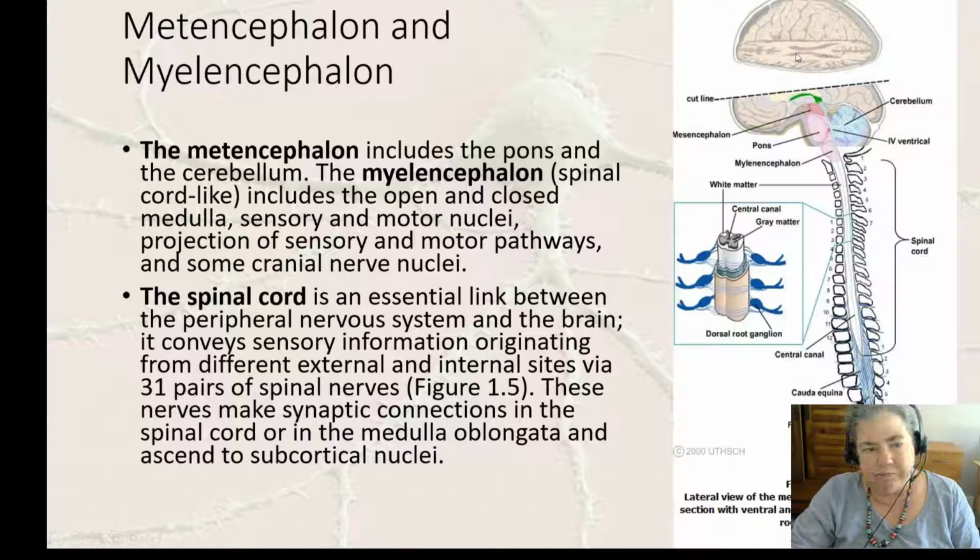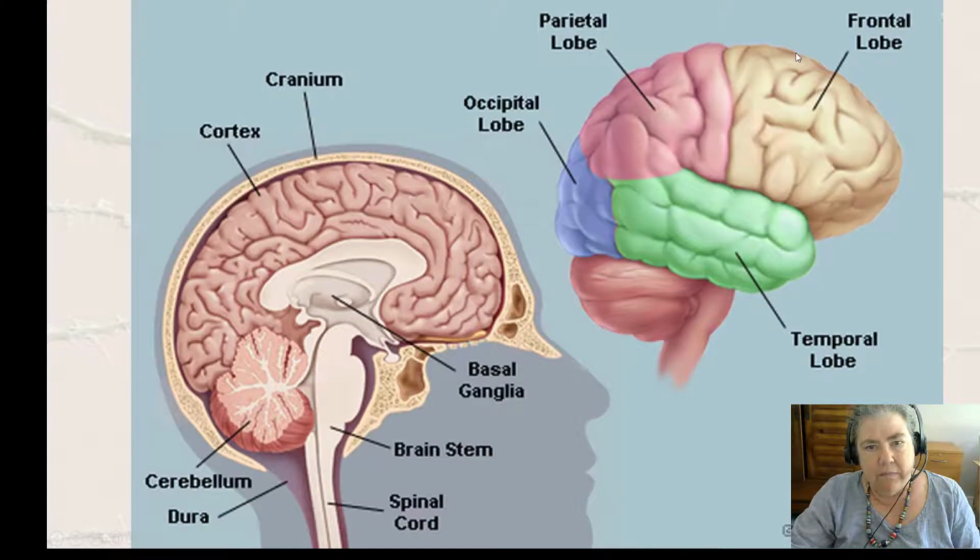Coming back to those lobes just to help us remember them. First, remember that the brain is within a very finite space. It's a box, right? The brain lives in this box that we call the skull. It's a rigid shaped box, and the brain fits that shape.